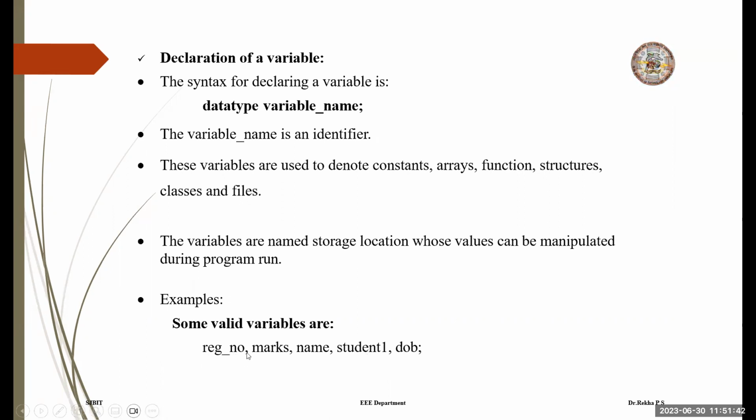Looking at these, we can understand that this variable speaks about register number, this about marks, this about the name of a student, and this about date of birth.